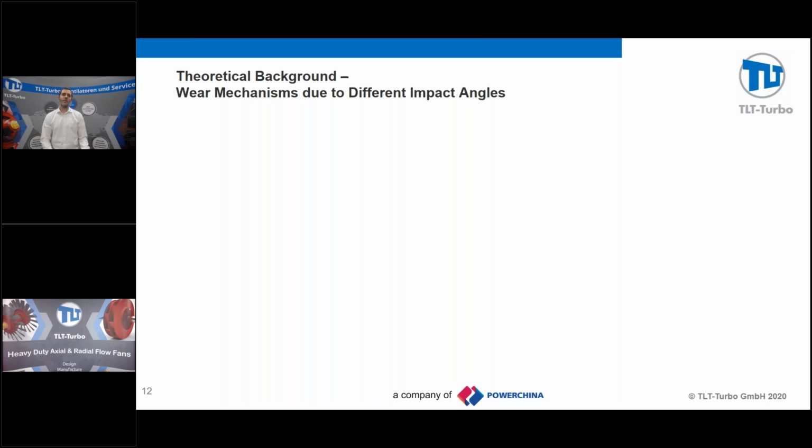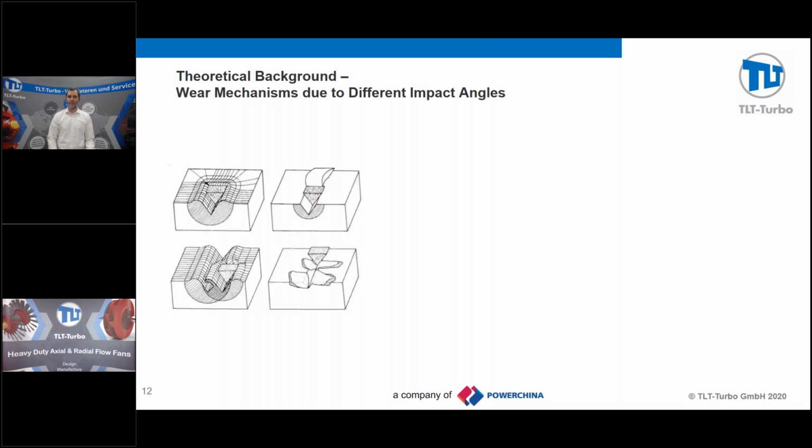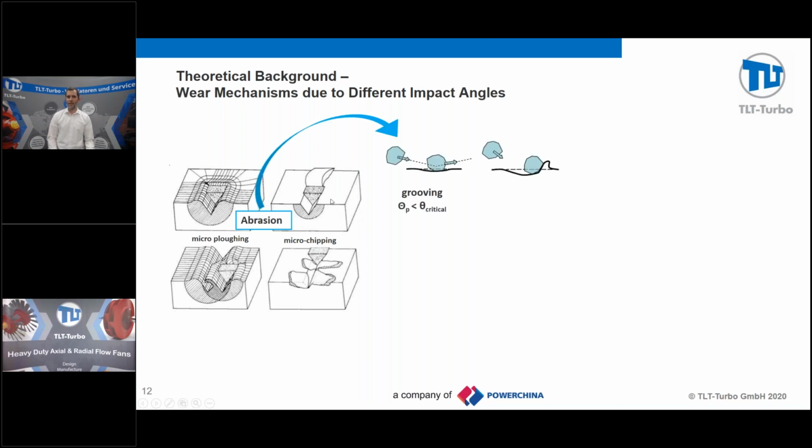So if we now observe different impact angles, we observe different kinds of wear and different microstructures behind it. In total, there are 4 which are important for wear in fans. One is microploughing, depicted here on the left top, and microchipping. Those are called abrasion.